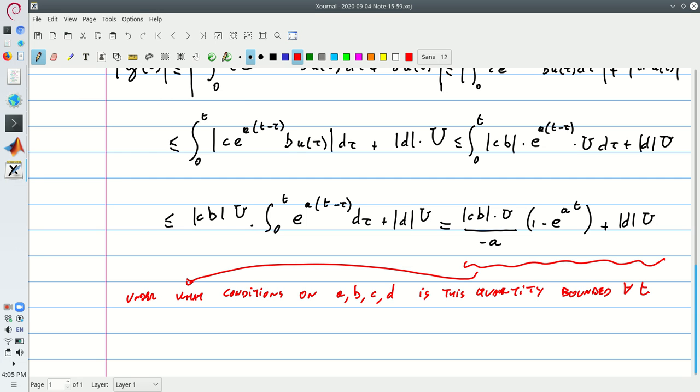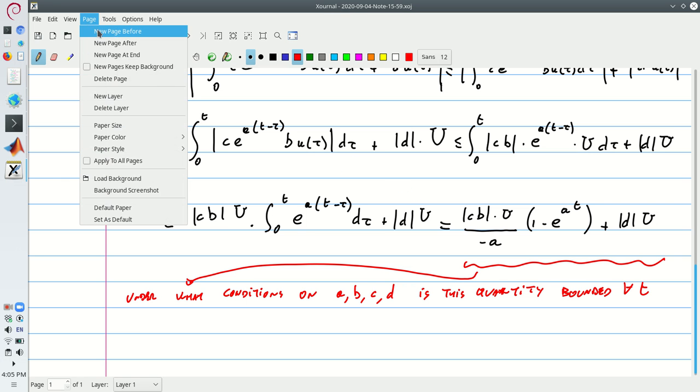So I don't want this quantity to start becoming too large. I want to find under what conditions on A, B, C, and D I can find a capital Y such that, doesn't matter what t is, capital Y is always going to be larger than this quantity. So the answer is pretty simple.